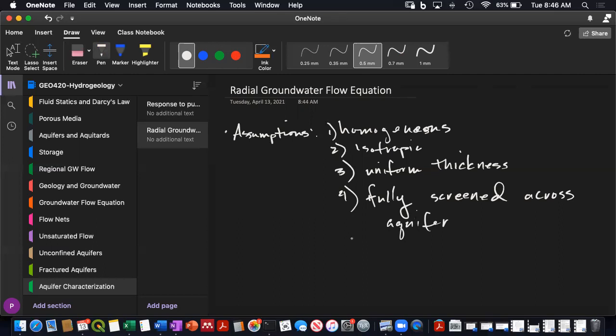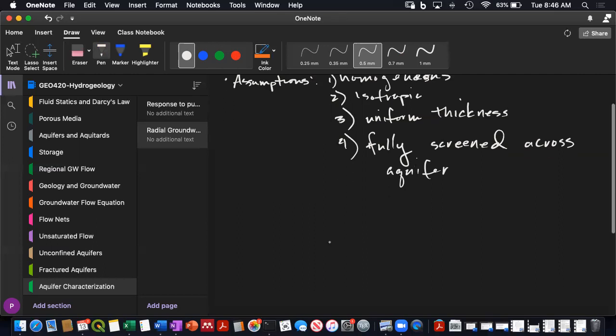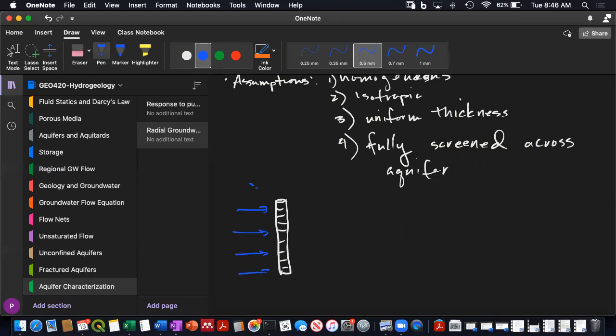So if I have these assumptions, then my radial flow, I can try and draw this in three dimensions here. All right, here's my well. Here's my well screen. It's across the entire thickness of the aquifer. And I will have flow uniformly moving around my well.